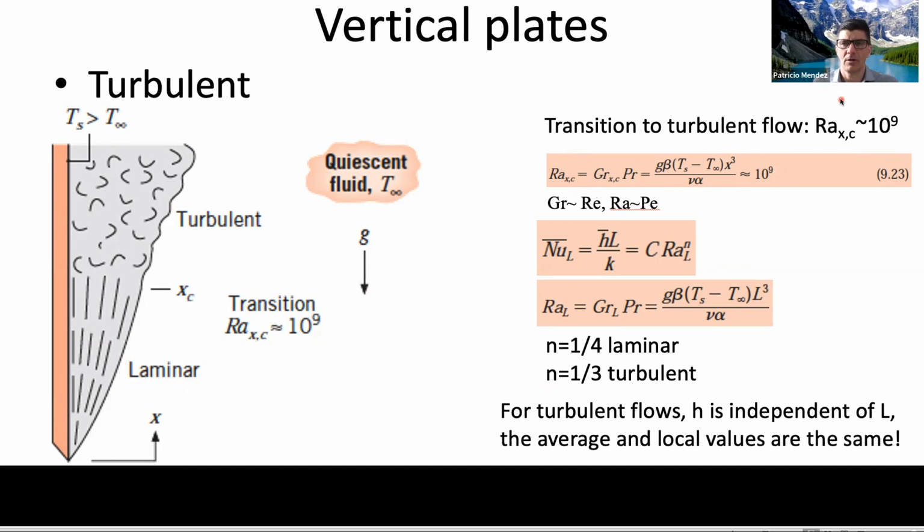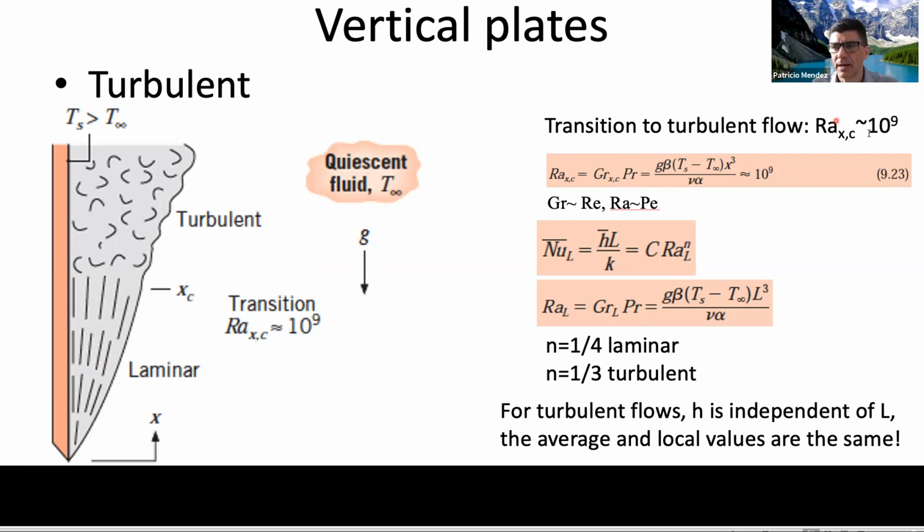So now we know, same as before, our first step used to be check the Reynolds number to know if it is turbulent or laminar. And now our first step is going to be check the Rayleigh number to see if it is turbulent or laminar.